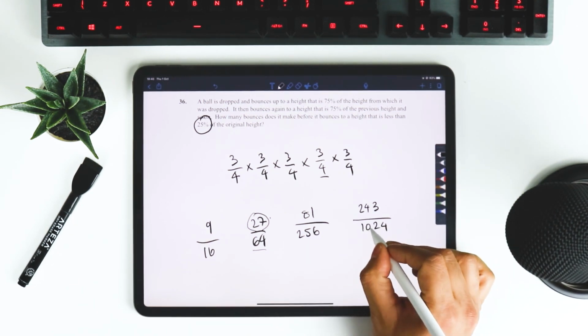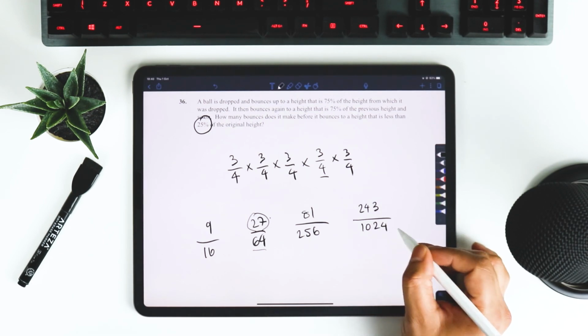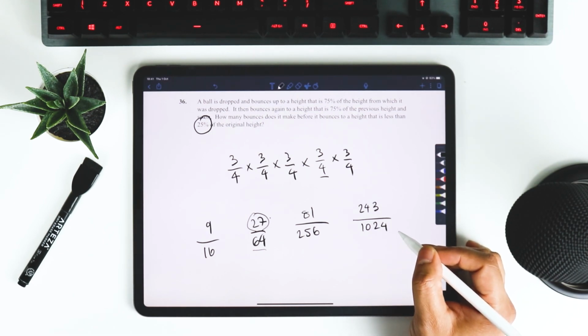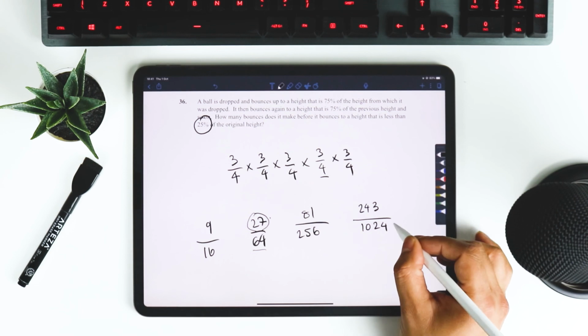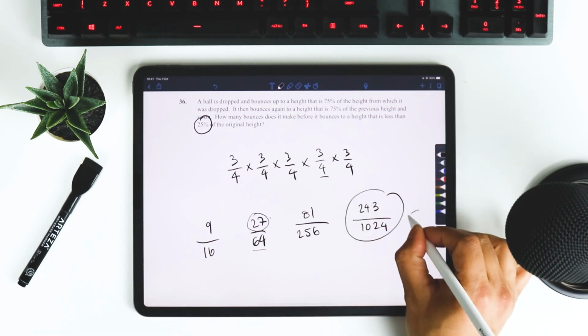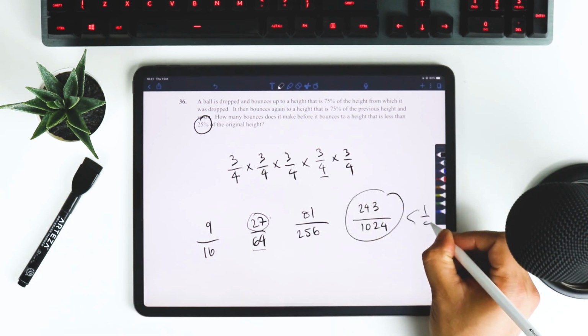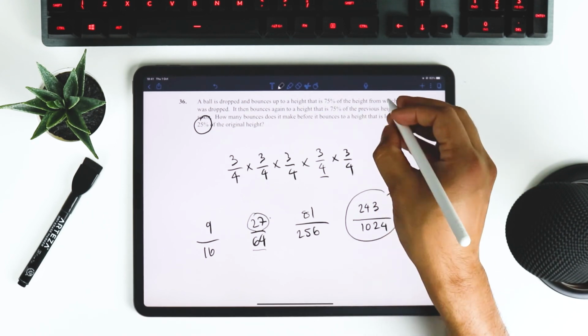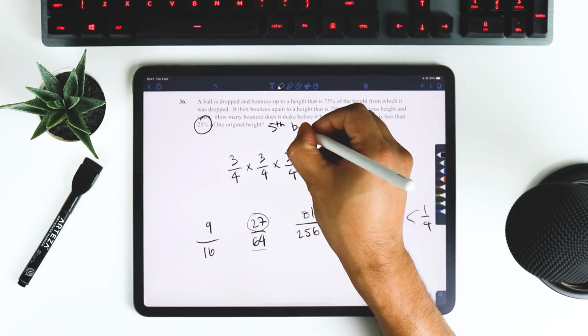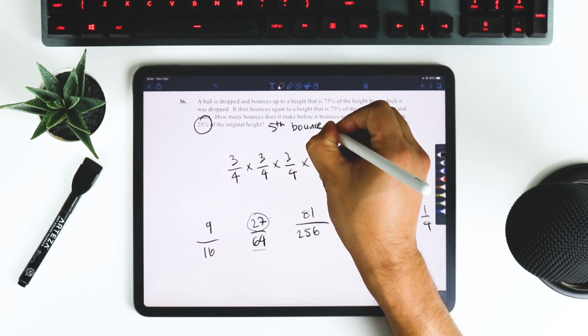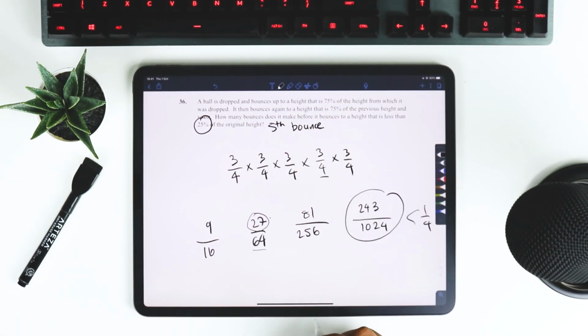And therefore we can see that a quarter of 1,000 is 250, and so we've got 243 over 1,024. That means this is going to be less than a quarter. And therefore on the fifth bounce, we are less than a quarter of the original height.